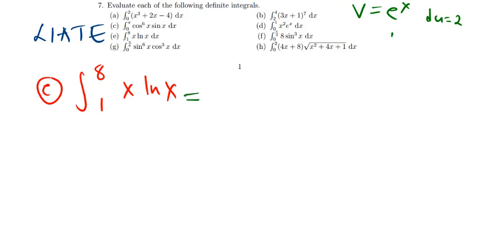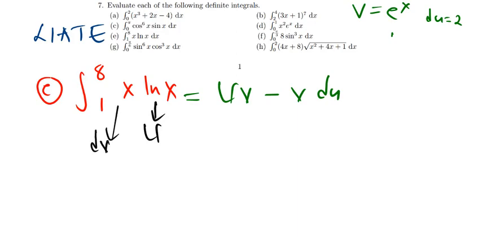And then of course the formula becomes uv minus the integral of v du. Whatever you start with is your u. So in this case, our u is natural log of x, and x is our dv. So it becomes easy. What is our v and what is our du?